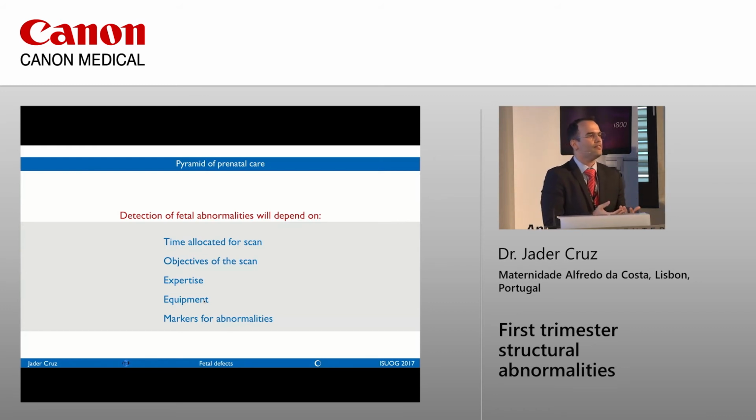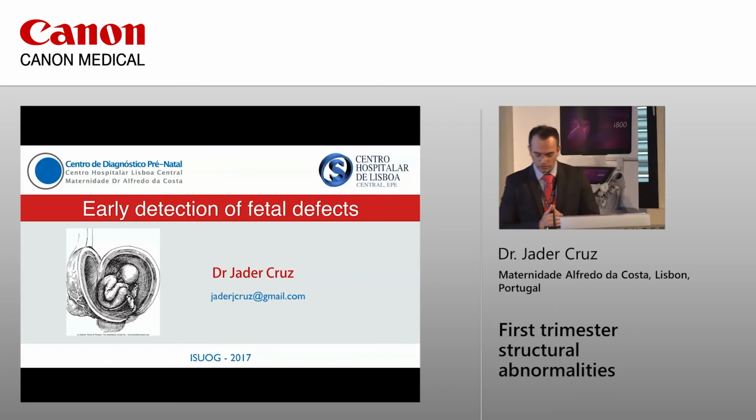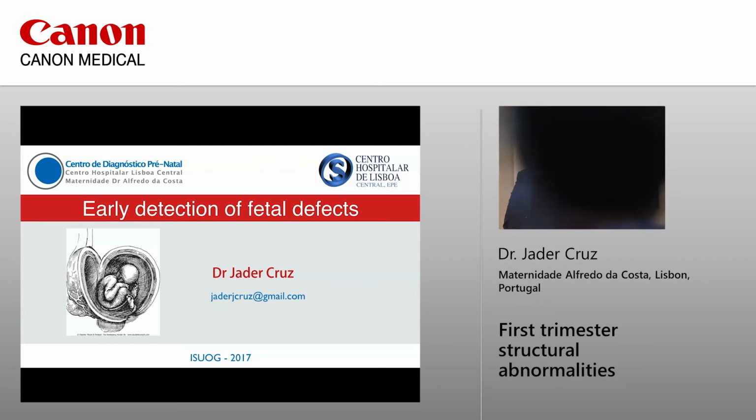You need to have a newer one that has better image definition. And here you enter the help of new technologies. And of course, it will depend on you knowing how to see the structure you want to see, and also on markers that can help you to better assess the structural abnormality. I thank you all very much for your time.